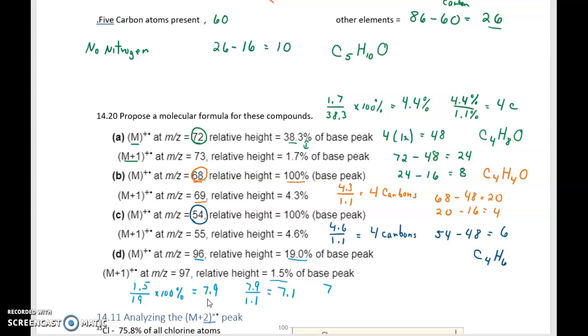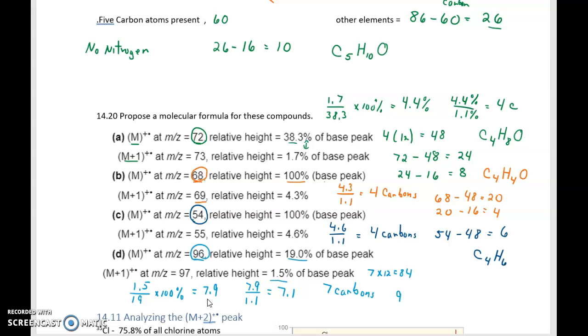So we've got 7 carbons in our compound. 7 carbons are going to have a mass of 84. 7 times 12 is 84. And the mass that we're starting with is right here, 96.